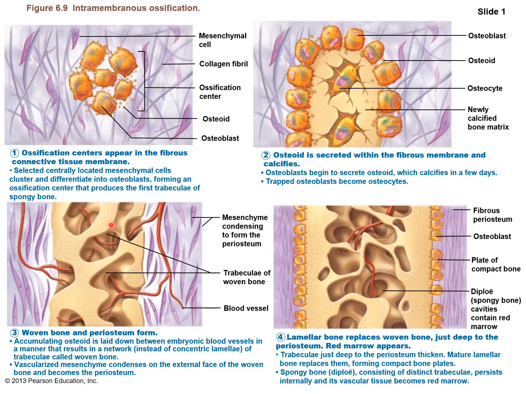That bony matrix goes through some structural change, and it starts looking more and more like spongy bone. Then, with more structural change, right here on the sides, it starts looking more and more like compact bone.